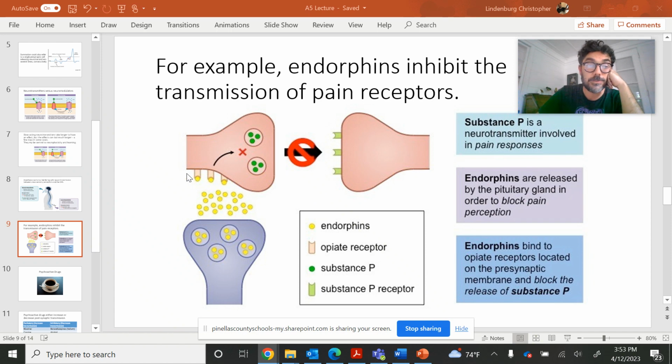There are special little receptors on this presynaptic cell, called opiate receptors. And you've heard of opiates before, right? These opiate receptors will bind to the endorphins that your body is making. That will shut down the release of transmitters. There's no communication with the postsynaptic cell, and that message of pain never gets from your finger up to your brain. Hope that makes sense.